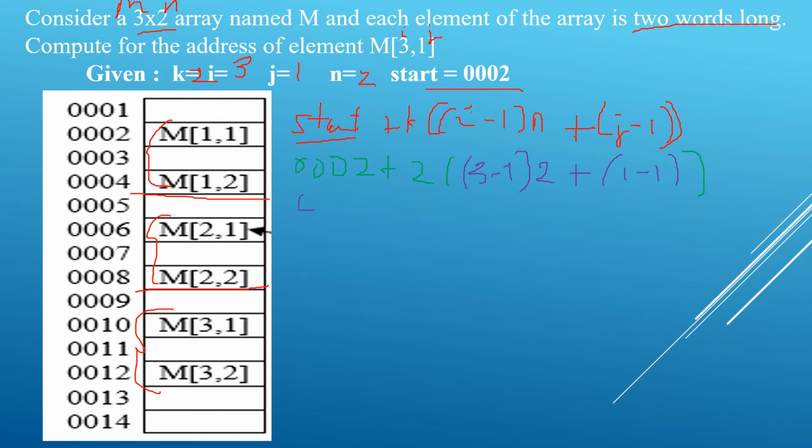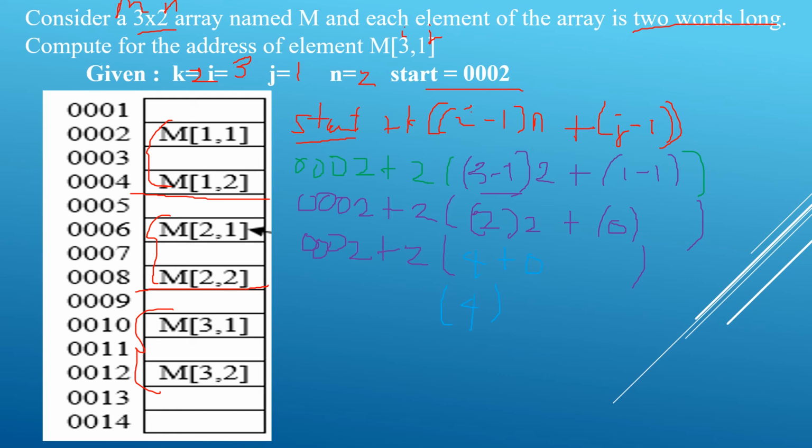Alright. So we have 0002 plus 2 times the term 3 minus 1, that is 2, okay, times 2 plus 1 minus 1 is 0. Okay, so next 0002 plus 2 multiplied by the term. We have 2 times 2 is 4 plus 1 minus 1, so plus 0. Okay? So, we then add 4 plus 0 is 4.